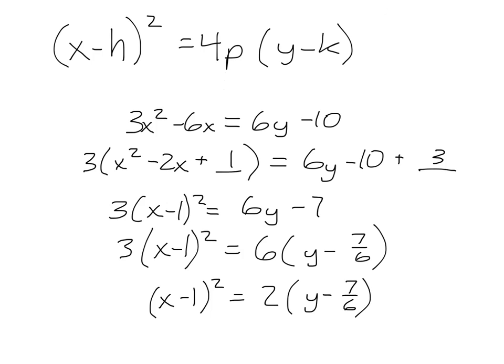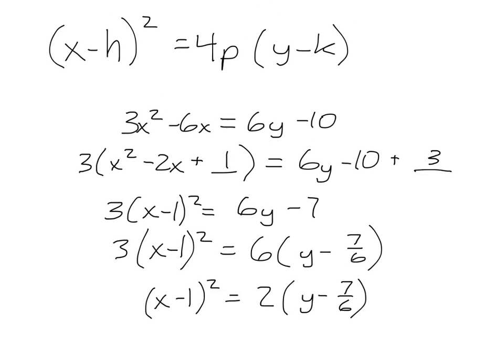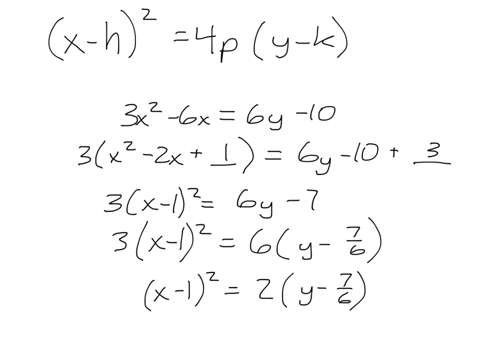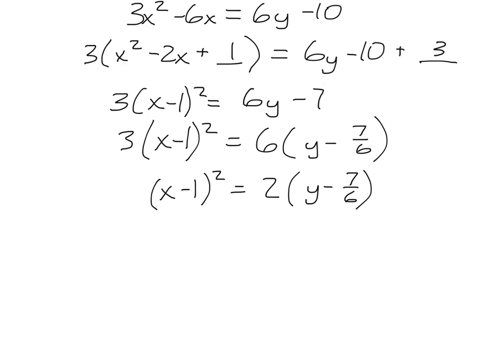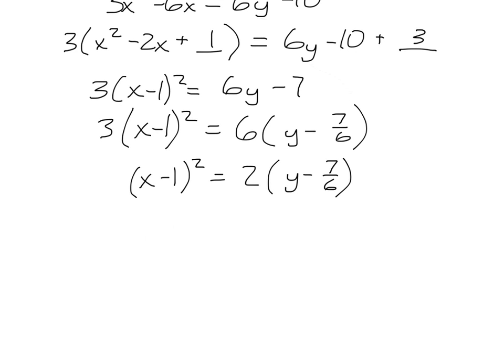And now we have it in that standard form, and we can find those elements that I told us at the beginning of the problem to find. The vertex is easiest to find because it's just h and k, which up here are just written right in the equation. So our h is here and our k is there.